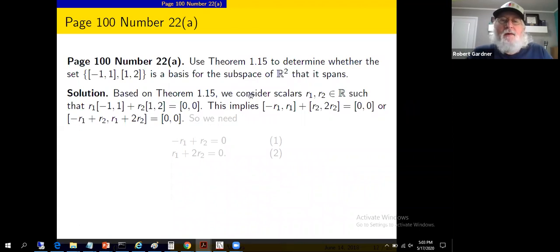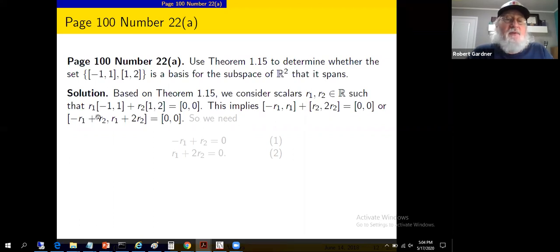Okay, it's a basis if, by what we just saw, there's the word span. I need the word span somewhere in here. We're taking the span of these two vectors. If we can show a linear combination of those two vectors equals the 0 vector implies R1 and R2 are 0, then Theorem 15 tells us we got ourselves a basis.